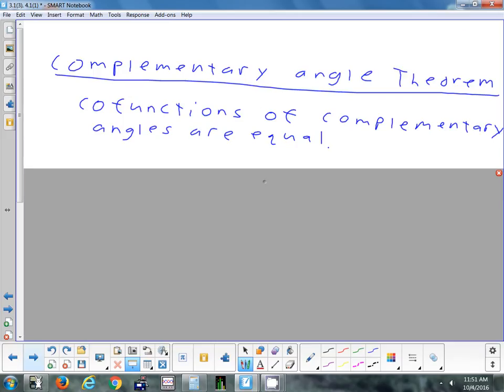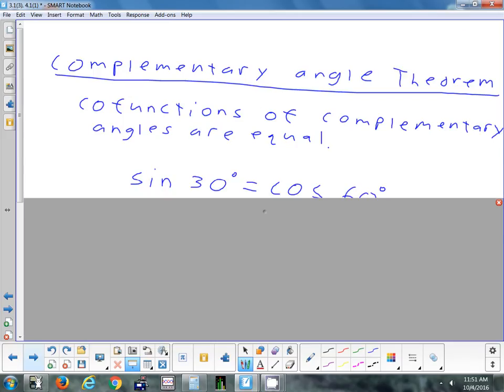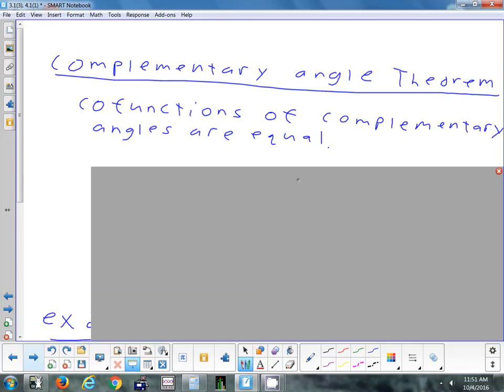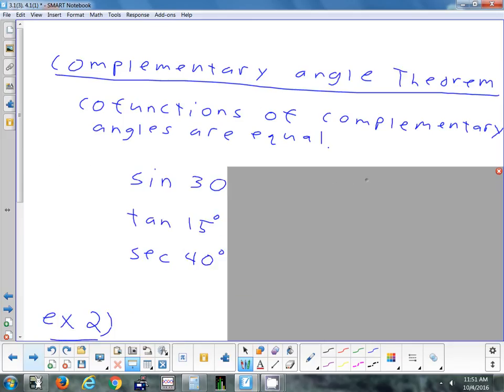Okay, so we'll finish up with a problem where you would see something like this. All right, so if I asked you for something that was the same as the sine of 30, you have to think of two things.